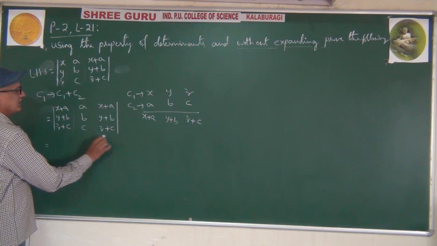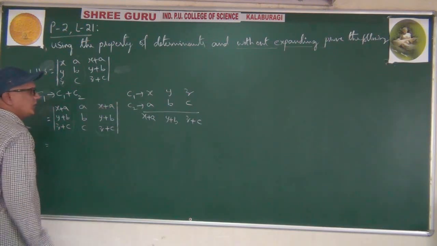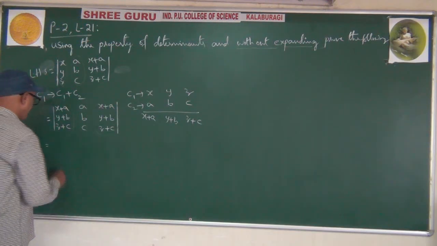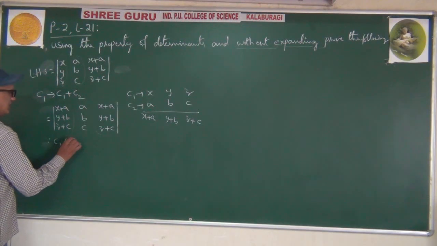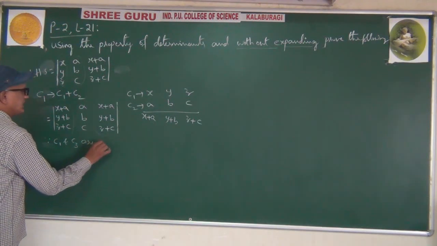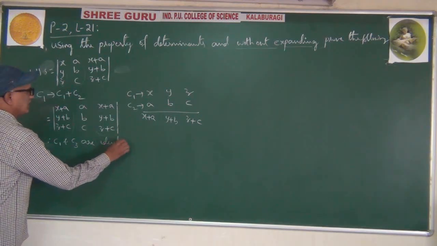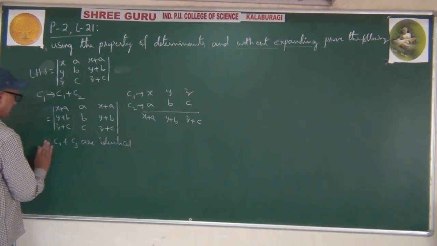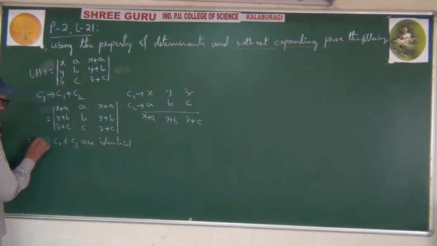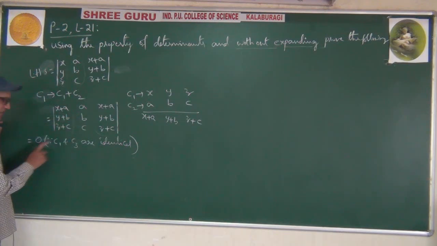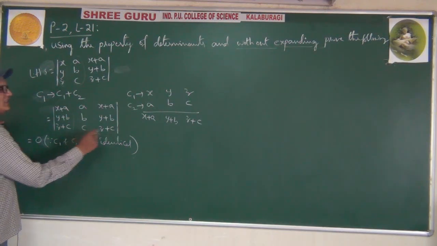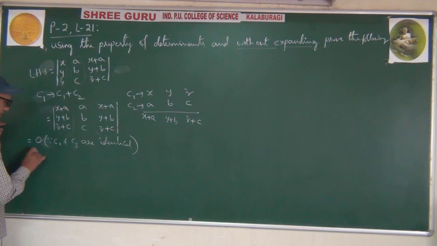First column and third column are both the same. Since C1 and C3 are identical, the determinant equals 0, which is equal to RHS. Over.